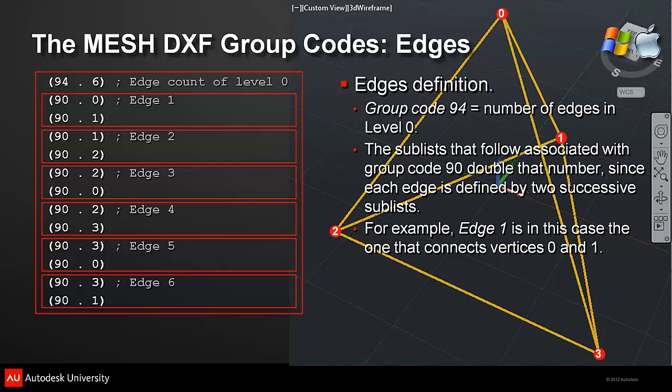The sublists that follow, associated with group code 90, double that number, since each edge is defined by 2 successive sublists. For example, edge 1 is, in this case, the one that connects vertices 0 and 1.